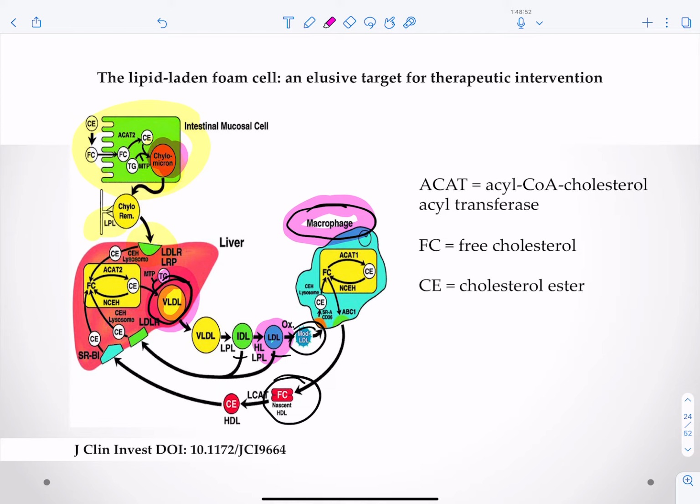If you have a defect in forming your very low-density lipoprotein particles, you'll get a fatty liver. If you have a defect in actually taking up the particles, the LDLs and IDLs, because you have receptors on the surface of your liver, for example, and those are going to be important for removing these particles. If you have any sort of defect in those receptors, that's also going to lead to a risk factor for having coronary artery disease.